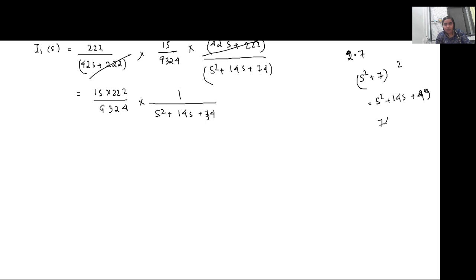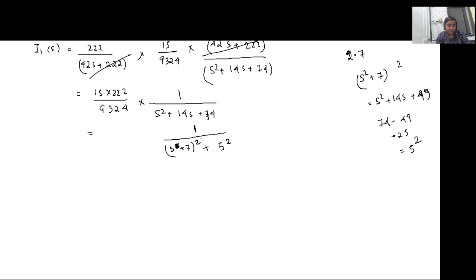Now 74 minus 49 is 25, so it can be written as 5 square. So instead of factorizing, we can write the entire denominator as s plus 7 whole square plus 5 square. Everyone okay with this?